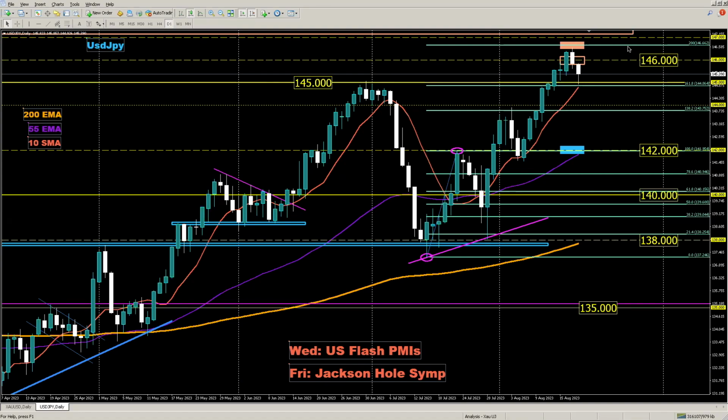And as it approached the 146.66 area at the 200 fib extension, it retraced back to find support and retest the 145 area, which was the previous swing high.